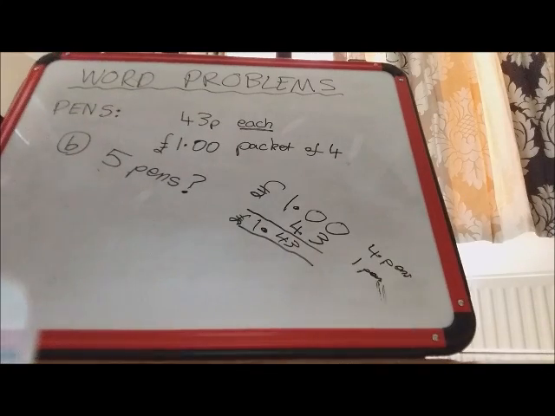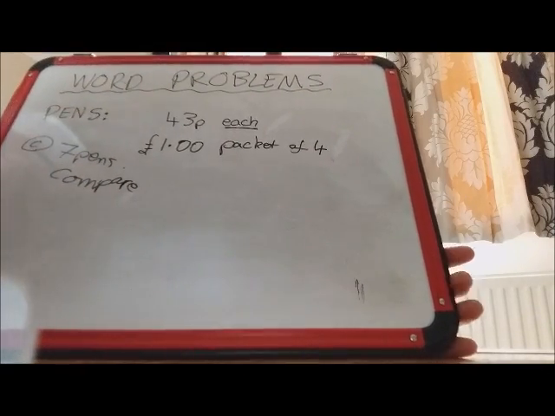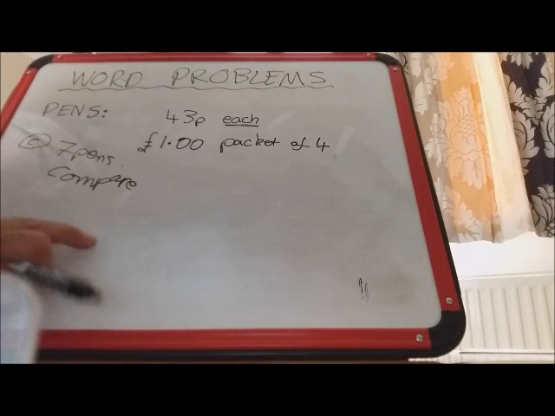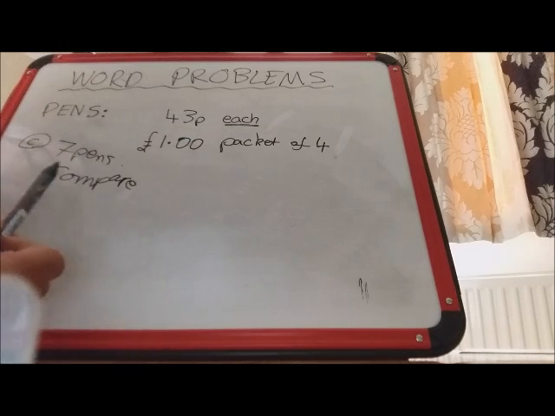And then next, a third stage, and by now they're talking about children who should be getting secure, possibly even mastery at year 4. This is a bit more tricky, and they might say we want you to work out the cost of 7 pens, but compare the 2 different ways you could buy these 7 pens.